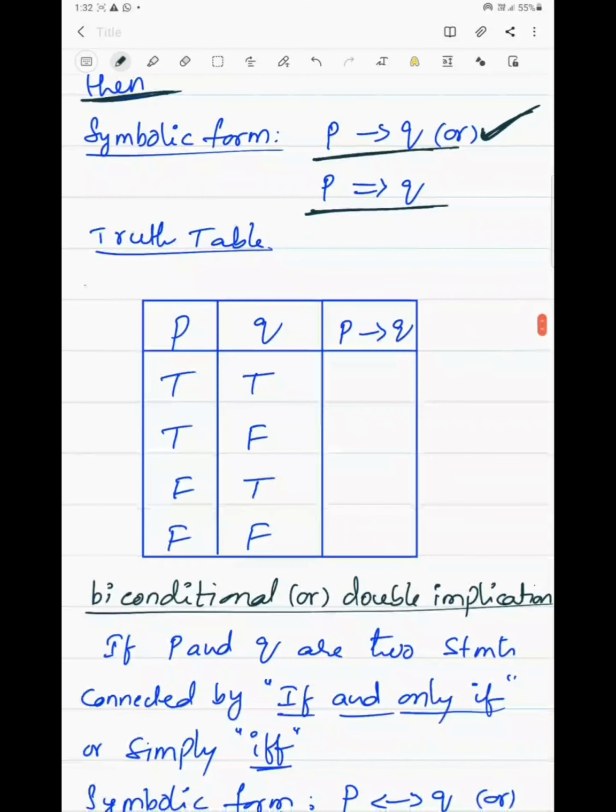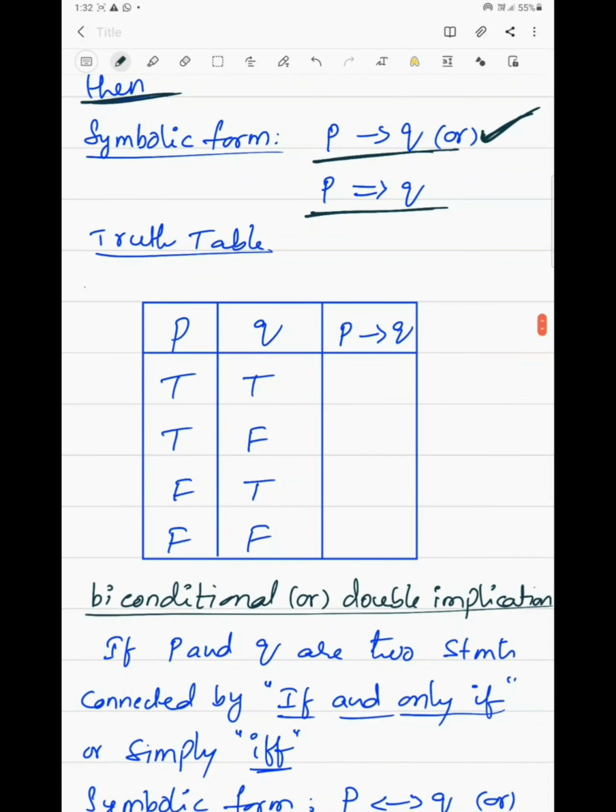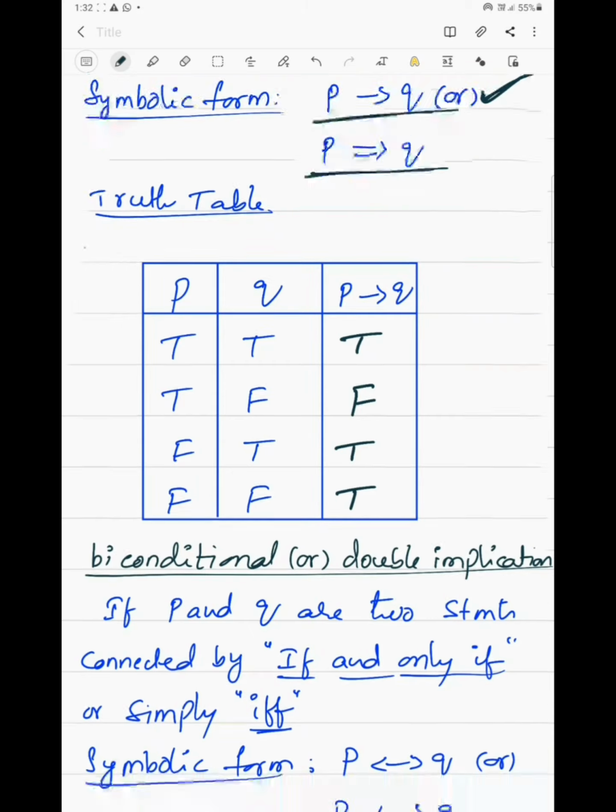Here we have to remember TF, F. Therefore remaining cases true only. This is T, this is T, this is T. That's it. Got it? TF, F, and the remaining three cases true only for implication.